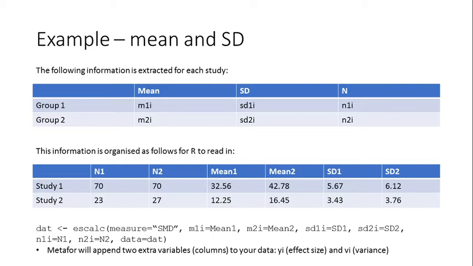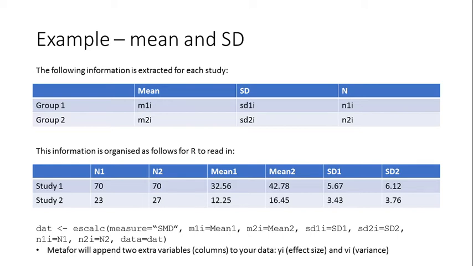And then if you tell it where to find all that information, it will spit out the effect size that you want at the end using its yi and vi columns. So however you get there, you'll end up with yi and vi at the end, and you need those columns in order to run the meta-analysis.